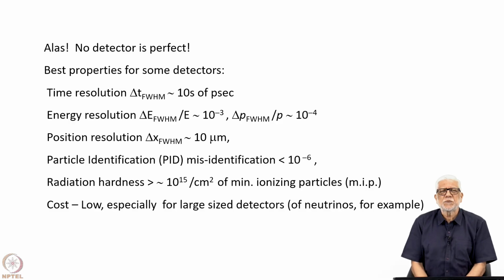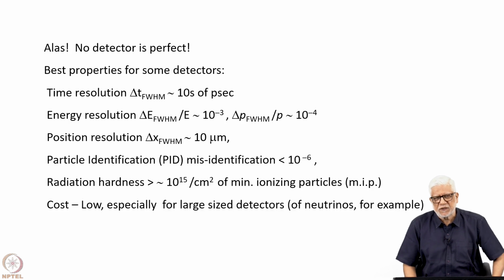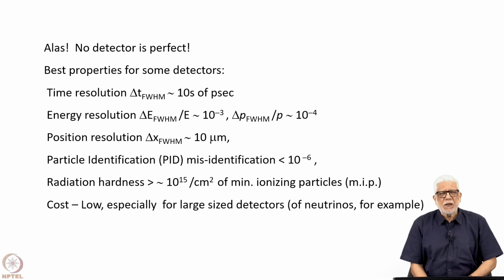Alas, nothing is perfect in life, and so also in detectors. No detector is perfect. Actual detectors will have some of these properties, not all of them. The more of these properties they have, of course, the better the detector becomes. So in terms of time response, the time resolution for the best detectors is of the order of 10 or more picoseconds.